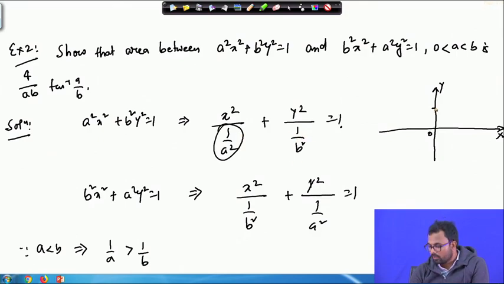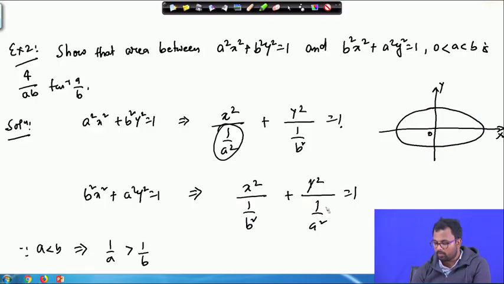So our first ellipse will look like this, and since 1 by a square is greater than 1 by b square, this ellipse will be inverted. So something like this. So the area bounded between them is this much.